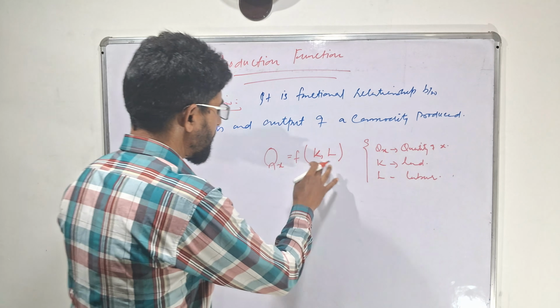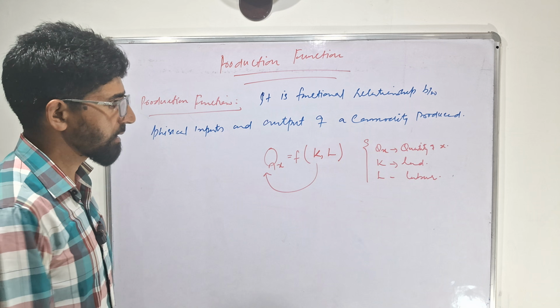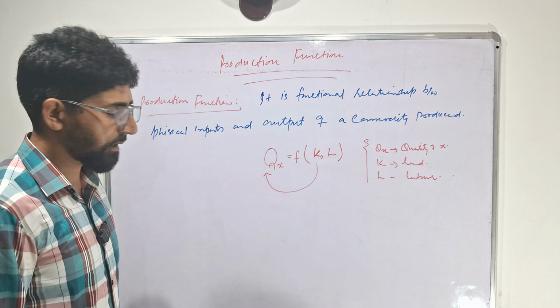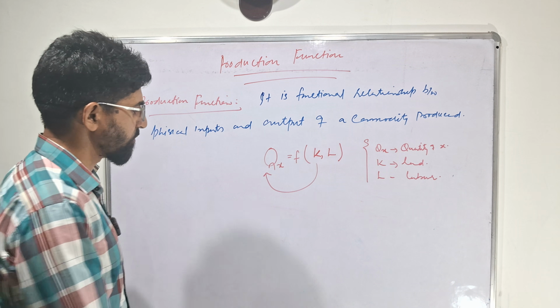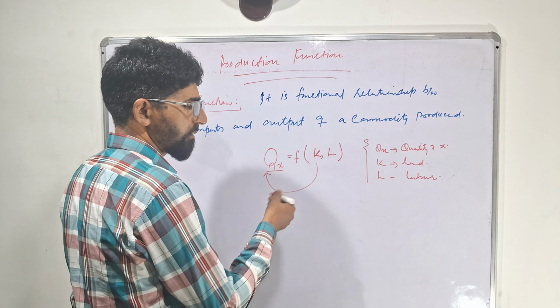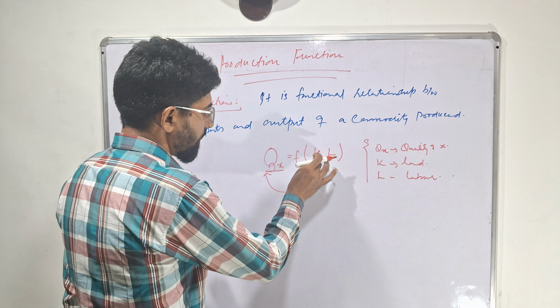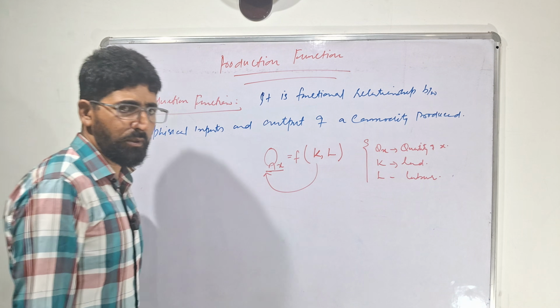It is the land and labor which are utilized in order to produce a given level of output, that is quantity. Rice, wheat, goods and services utilize land, then that land provides us quantity of X, be it X, Y or Z goods and services.